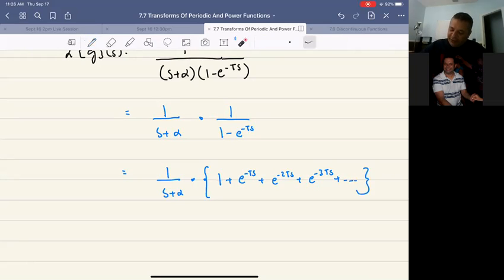So our x is e to the negative ts, x squared is e to the negative 2ts, etc. That's what I'm doing here.